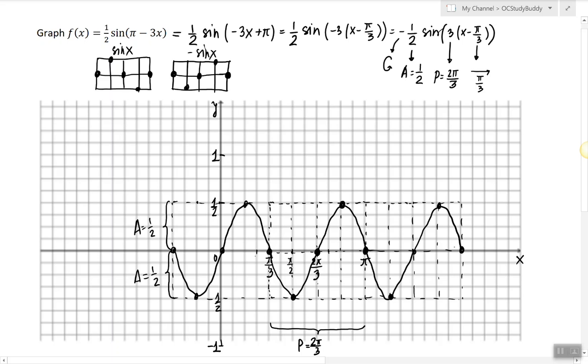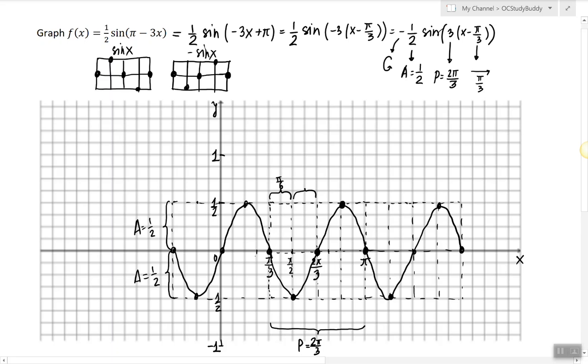So now, if we need to find the coordinates of any of these points, we just have to remember that the length of the entire box is 2 pi over 3. So 1/4 of the box will be exactly pi over 6.